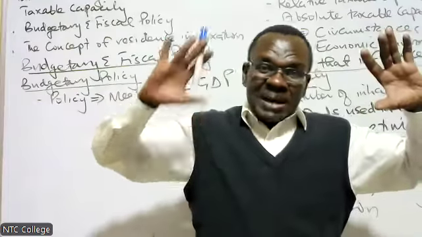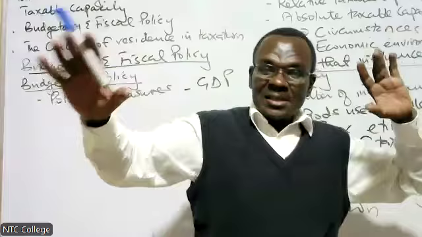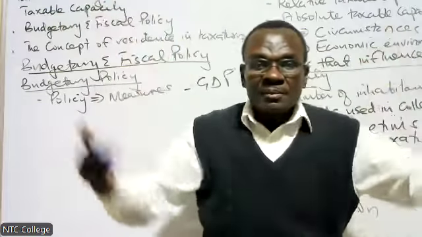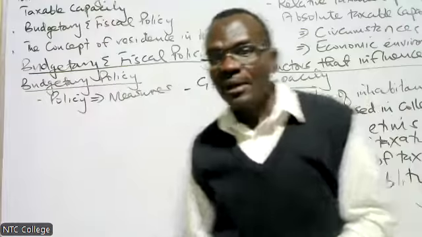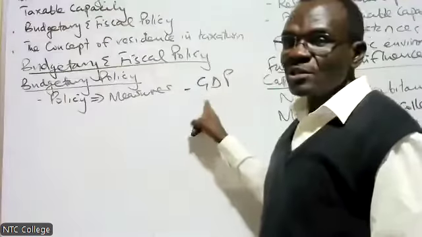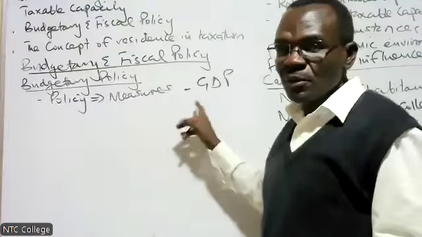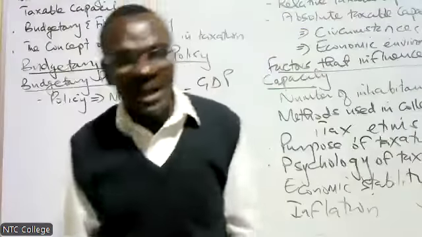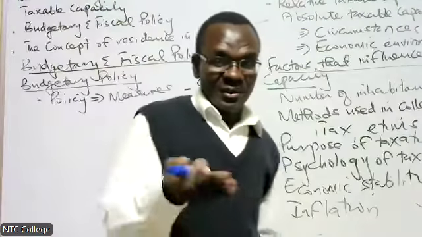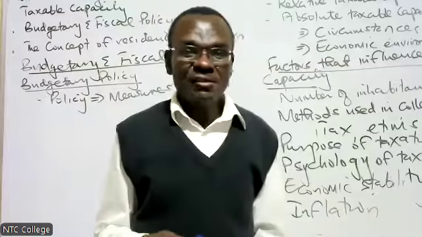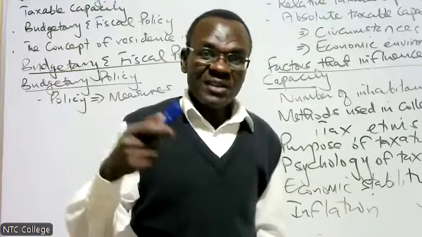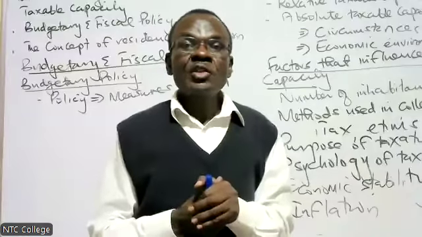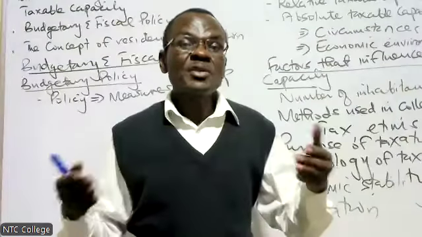So the government might say, by spending money on fertilizers and supporting farmers, we want agriculture to create jobs and to add to the GDP, the output we're going to produce, say by 20%. And so on. So part of the objectives the examiner can ask you, what are the objectives of budgetary policy? To achieve a desirable price level, prices of goods and services, to achieve a desirable consumption level.